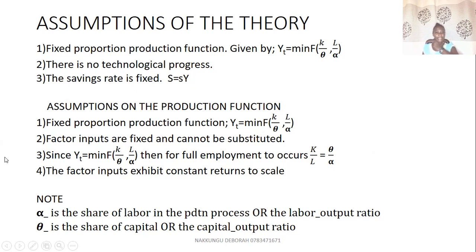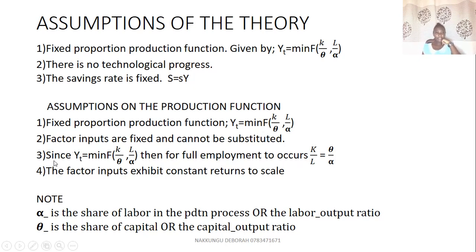The third assumption about the production function is that if we say that this is our production function, it means that for an economy to achieve full employment, where Y_T is equal to the minimum of this function, as you see in the production function, the ratios of these factor inputs must be equal to the ratios of their shares.